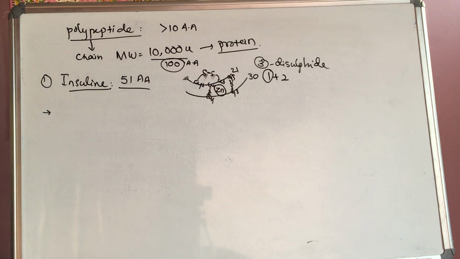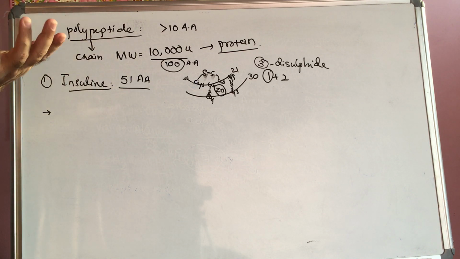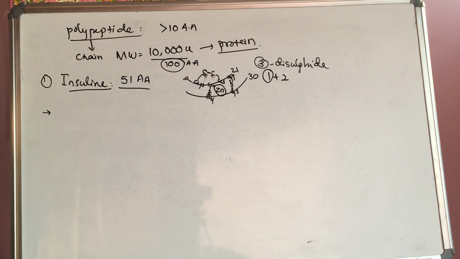One more thing you have to remember: one dipeptide is an artificial sweetener, that is aspartame. Aspartame is also given as an example of an artificial sweetener in the chapter Chemistry in Everyday Life. They may ask about it in that chapter.